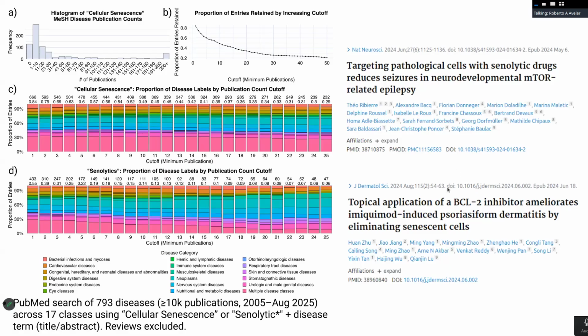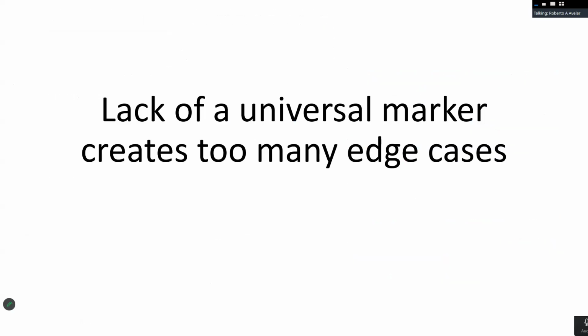And in psoriasis, there are only 2 or 3 studies linking psoriasis to senescence, but we're already selectively eliminating senescent cells in in vivo models of this phenotype, and the mice seem to get better, or this seems to help ameliorate the disease. So these senescent cells seem to be involved in a lot of different processes, and they seem to have somewhat of a causal mechanism, right? But the problem is the lack of a universal marker.